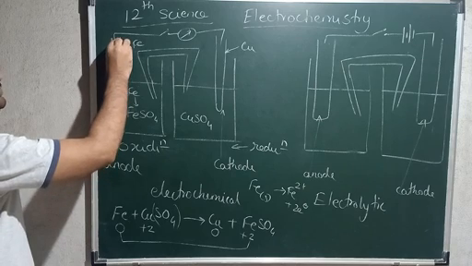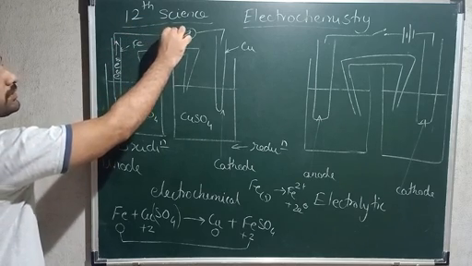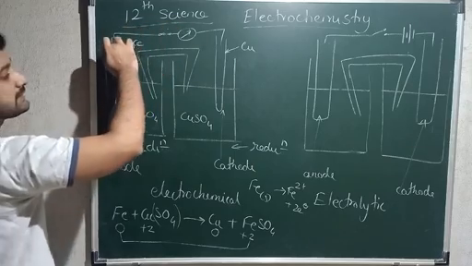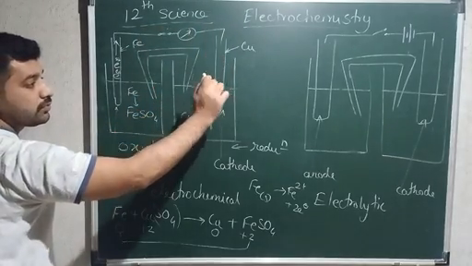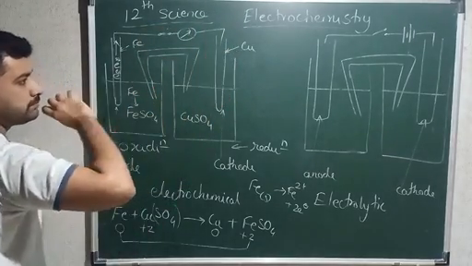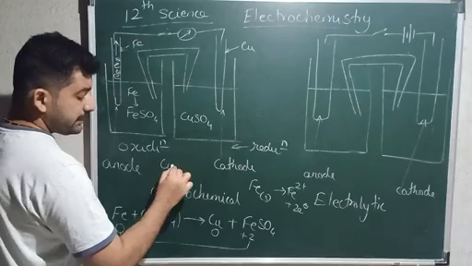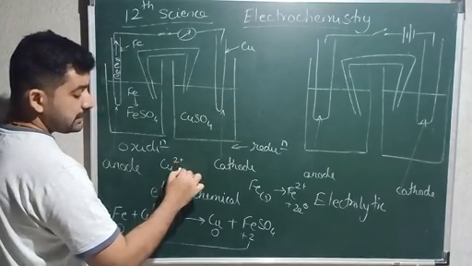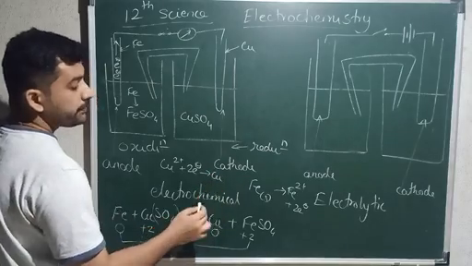Then these 2 electrons move through the electrical circuit, and when we put on the key, these electrons move from anode and go to cathode. And at cathode, Cu2+ is taking those electrons and getting converted to solid.